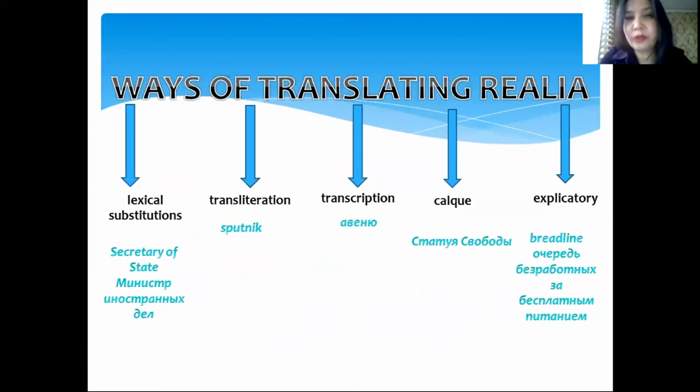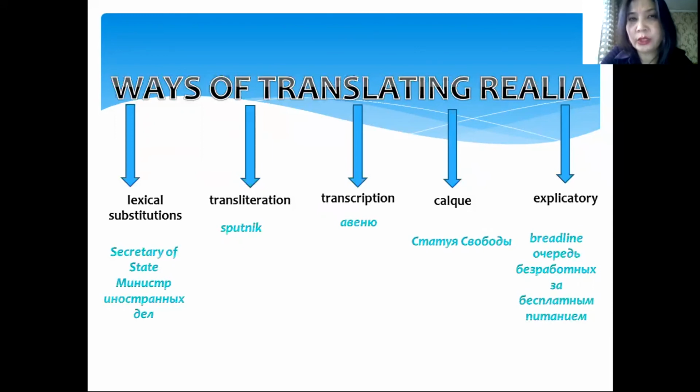Now let's talk about the ways of translating Realia. There are not so many ways of translating Realia. The main ones are transcription, transliteration, and calque. Transcription is the phonetic reproduction of an original word in the target language.